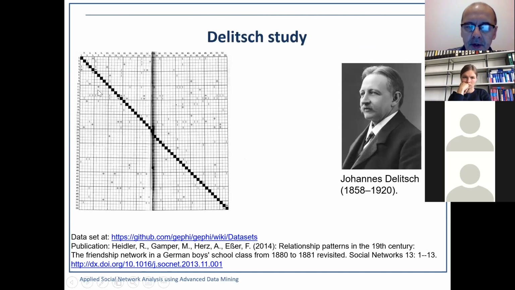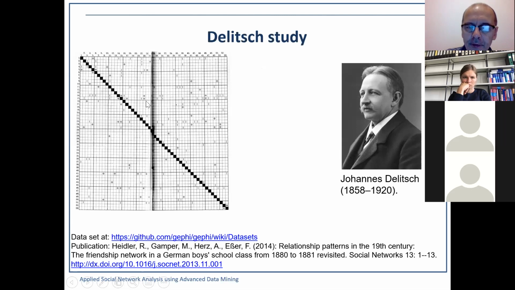That's a symmetric matrix where rows and columns represent students. So we have 50 students in one class. Amazing, isn't it? But that's how it was at that time. So 50 students, each student represented in a row and in a column.